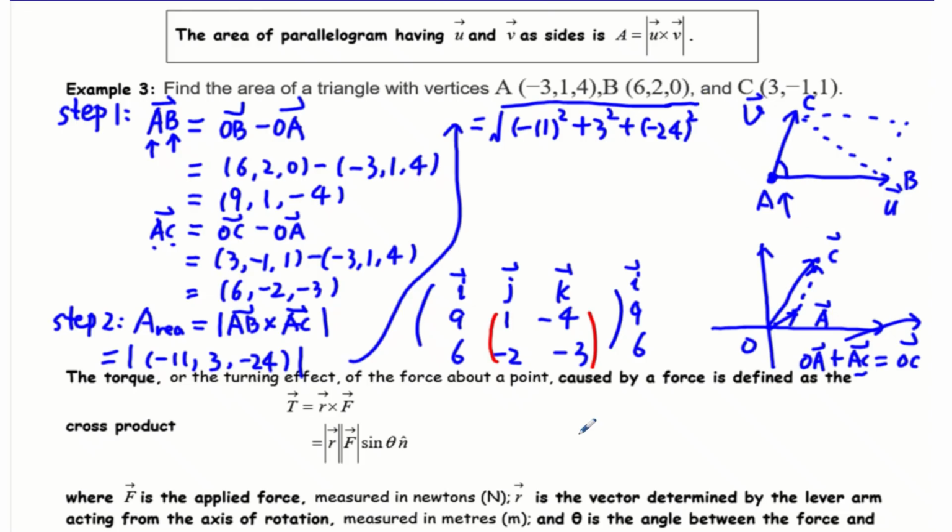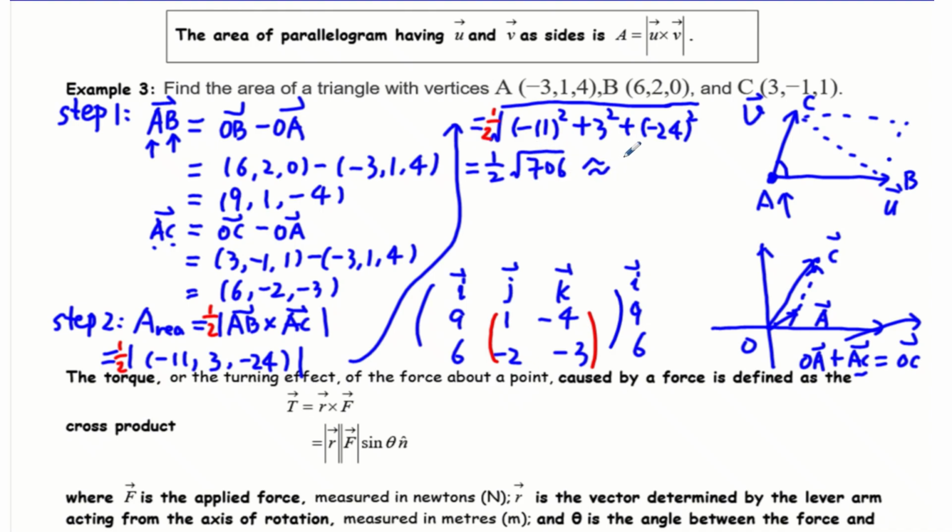And here, be careful, this is a triangle, so we have to take half of the parallelogram area. So we have 1 over 2 at the front. Then we do the calculation, and the square root is 706.